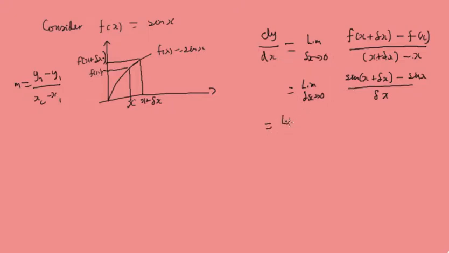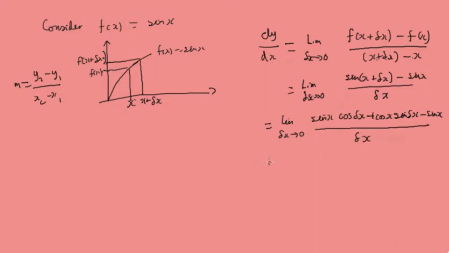So we'll have the limit as dx tends to 0 of sine x cosine dx plus cosine x sine dx minus sine x all over dx.